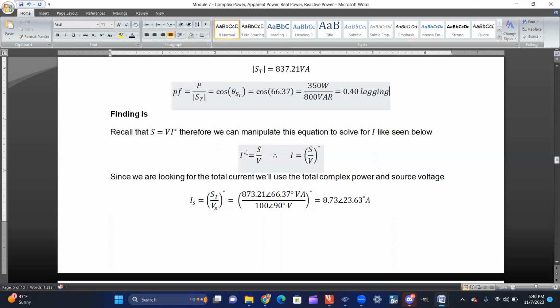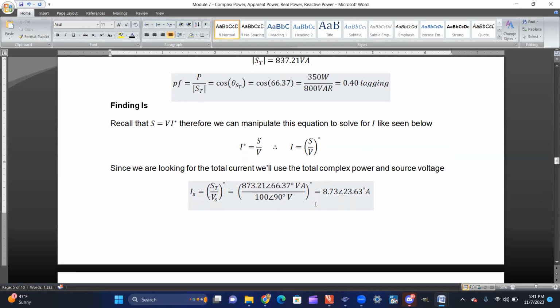To get rid of this conjugate, you take the conjugate of both sides, right? And then it reduces to I equals S over V. Then you take the conjugate of that part. If we just plug and chug, you get your total complex power divided by your volts.